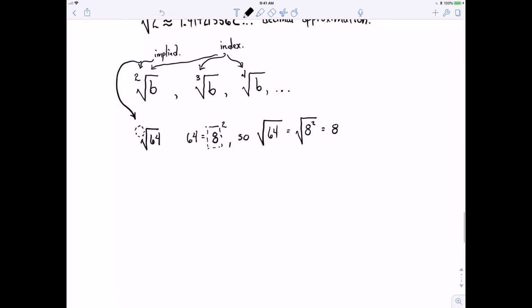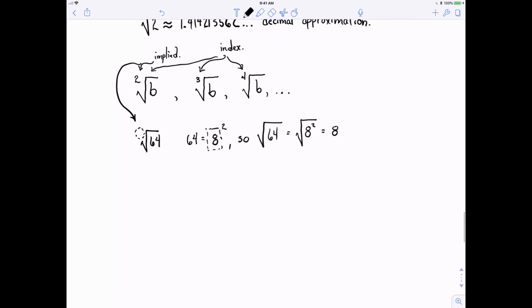Now let's try something more. Let's try the cube root of 64. Well, what this means is if we take the number 64, can we write it as some number raised to the 3rd power? We know that if we start with 2 and raise it to the third, that's 8.